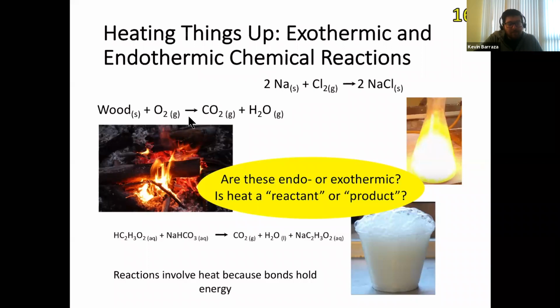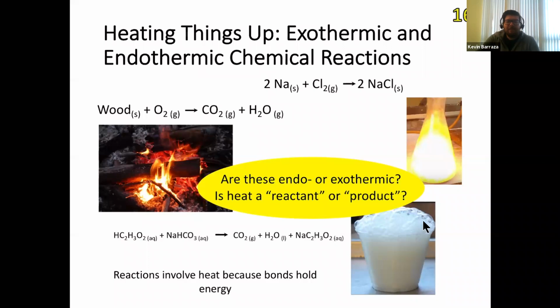The products of combustion are always the same: CO2 gas and water. So this is another example. This would be considered what kind of thermic? Endo, exo? I can feel the heat coming off of this reaction. It's being released, so it's exothermic.